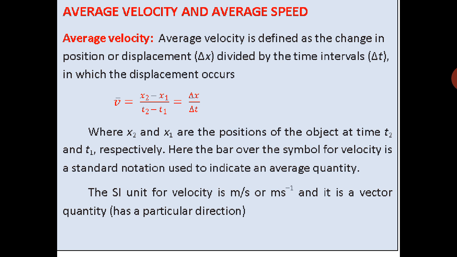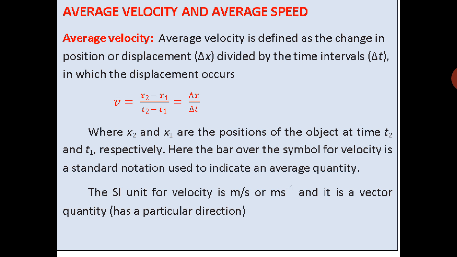The term average velocity means change in position by change in time, from initial to final position. That gives the total displacement divided by time taken, and this total displacement by time taken itself is the average velocity.